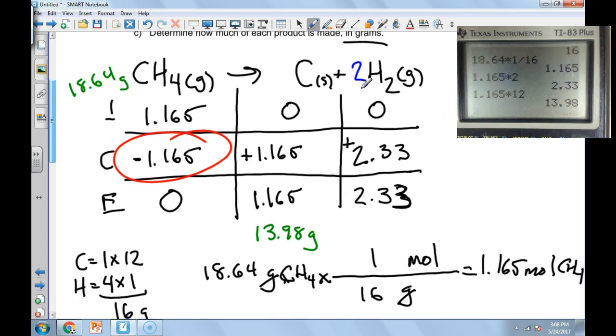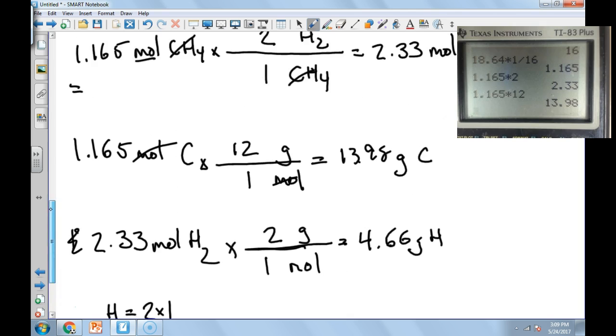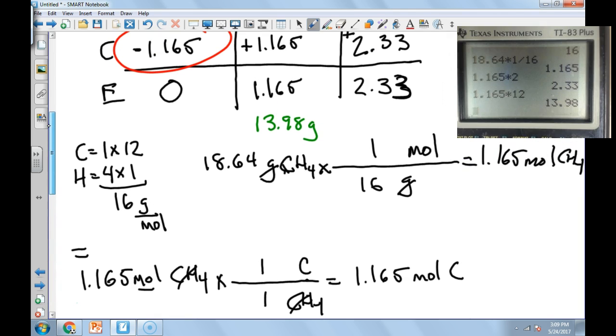That coefficient does not play a role in the molar mass. You should not use this coefficient because the formula is H2. It's not 2H2. It's just H2. So here we're going to put a 2, and when we multiply it, we get 4.66 grams of H2. I'm going to put this below, again, not part of the ICE chart, so it's 4.66 grams.